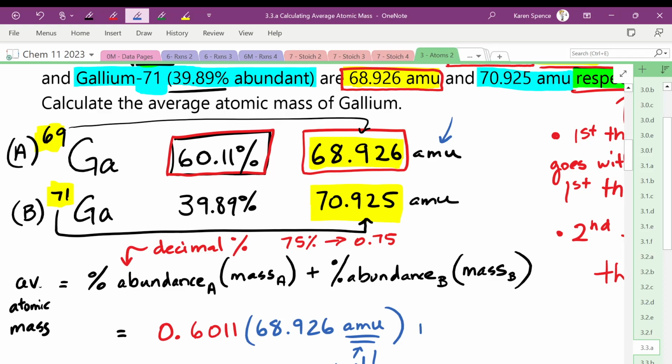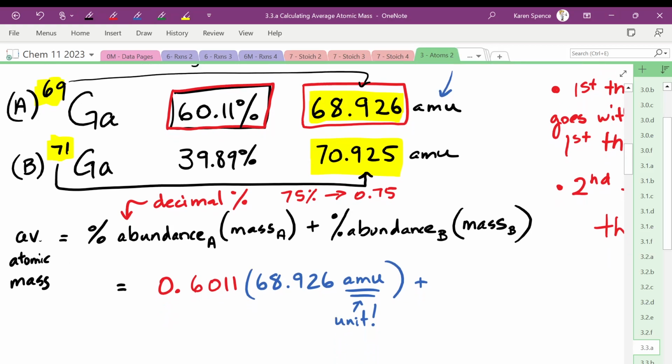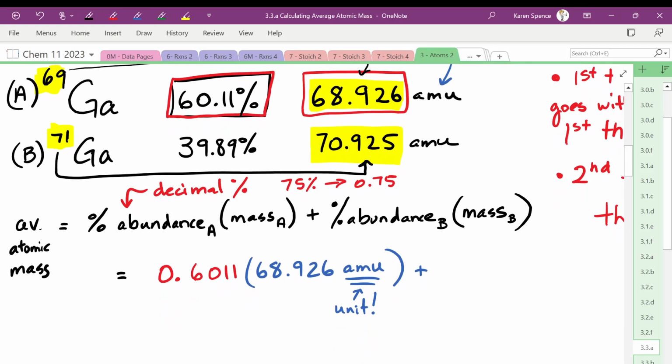And then we're going to add to that our percent abundance of gallium-71, which is 39.89%. So instead of writing 39.89, what do I write? 0.3989.